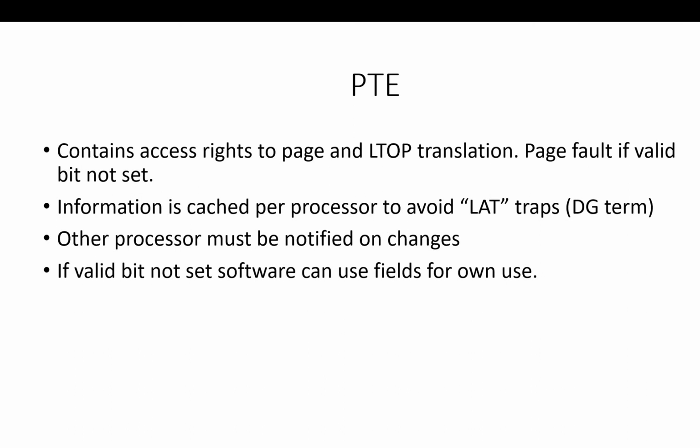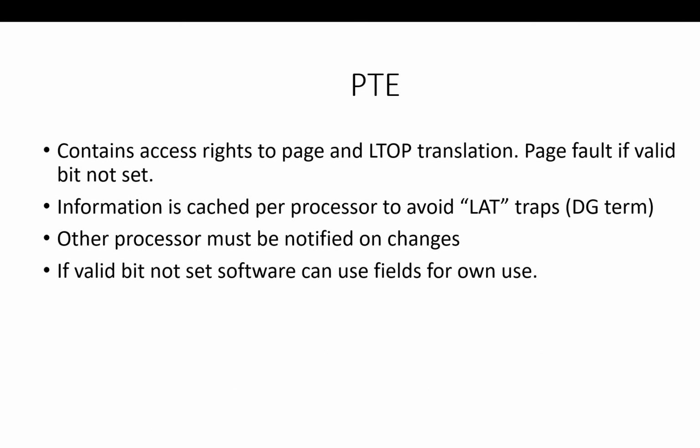Now, the hardware only cares about the valid bit, and will load it into the cache and use it if the valid bit is set. If it's not, software can use the remaining bits as it sees fit, and that's how the shared page mechanism works.